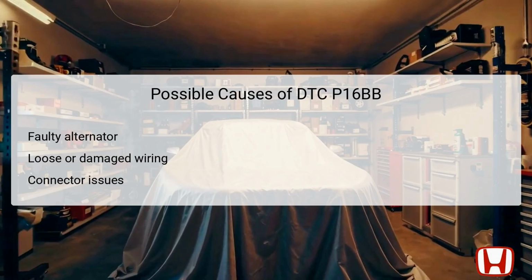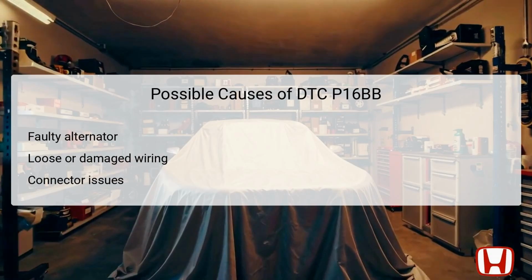There are several possible causes for the DTC P16BB-00. The first is a faulty alternator. If the alternator fails, it cannot generate the necessary voltage, leading to low readings that trigger this DTC. Another possibility is loose or damaged wiring within the alternator circuit, which can interrupt or decrease the voltage flow.